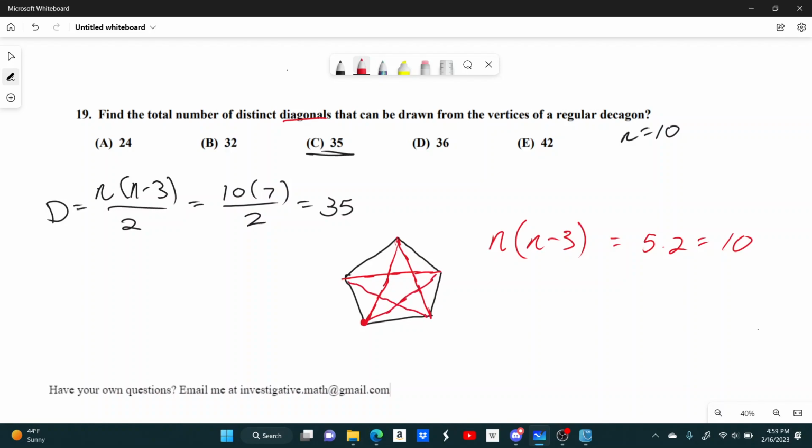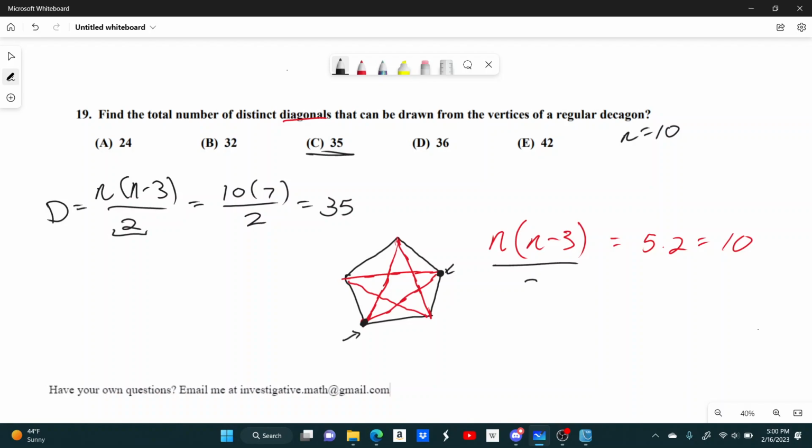Why is that? Well, say you picked this point, and then the second point you picked was this one right here. Then you would have another diagonal where this is the first point you picked, and the second one you picked was right here. So you're going to double up, basically. This is why you divide by 2 in the end, because you're actually counting each diagonal twice.